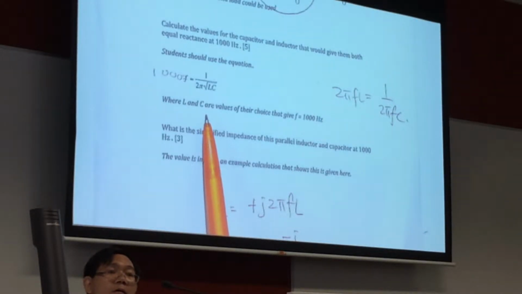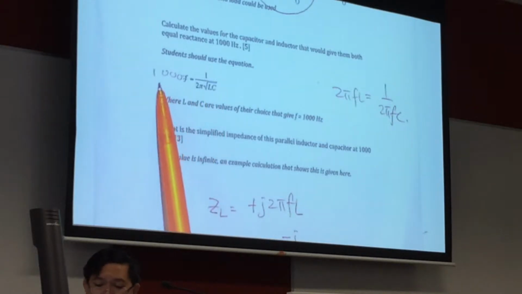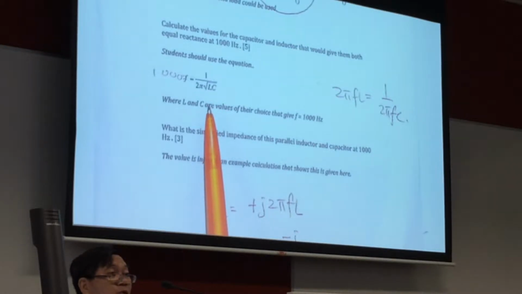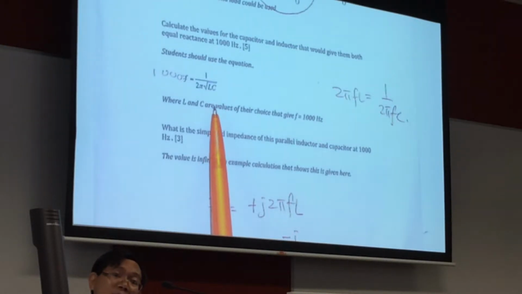There's no actual value given for C. All these values, the only two unknown is L and C, right? So what you can do is just set one, that will determine the other one. That's one possibility. Is that clear?